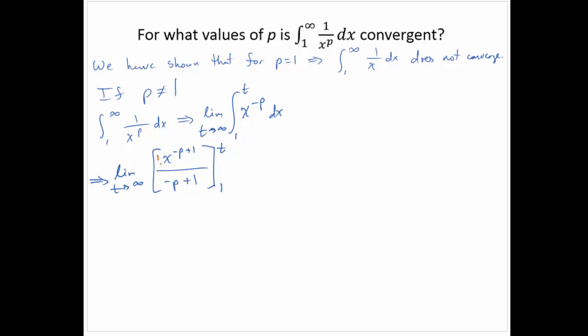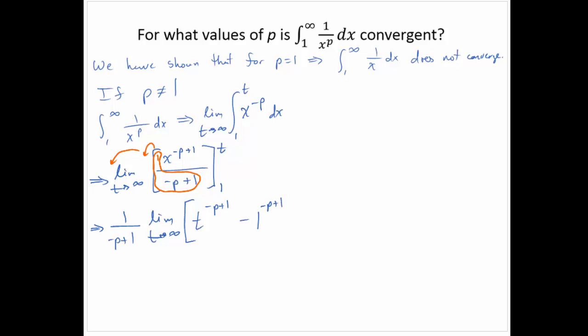Now 1 over negative p plus 1 is a constant. We can bring that outside the evaluation and therefore outside the limit. So I'd have 1 over negative p plus 1, limit as t approaches infinity, of t to the negative p plus 1 minus 1 to the negative p plus 1.